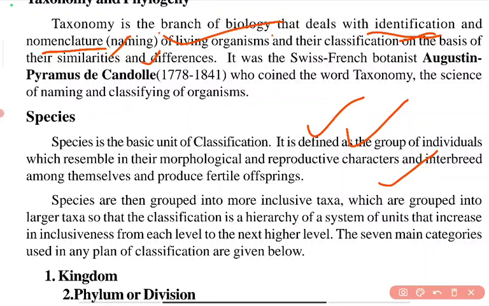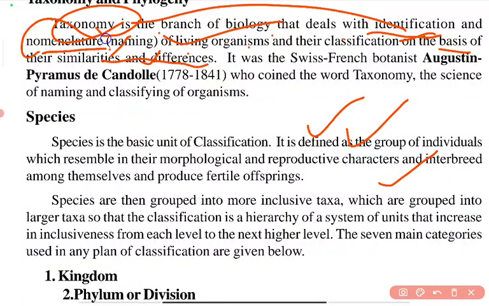The taxonomy is the branch of biology that deals with the identification and nomenclature of living organisms and their classification on the basis of similarities and differences. Easy. 3 important words for taxonomy: identification, nomenclature and classification. Then remember the definition of taxonomy. No need to rote learn it, no need to become a parrot.